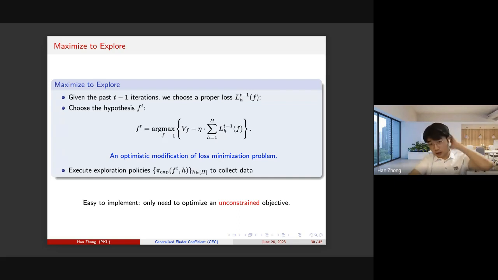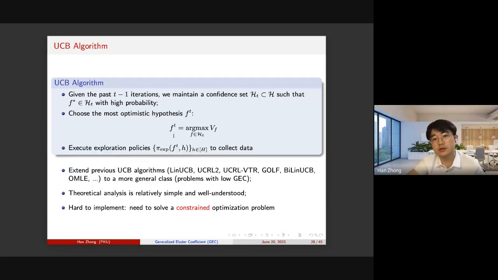So basically, in the context of general function approximation, it's hard to say the algorithm can be implemented, unlike the linear case such as LSVI-UCB. We can show that LSVI-UCB can be implemented in polynomial time. But for general function approximation, it's hard to say this.